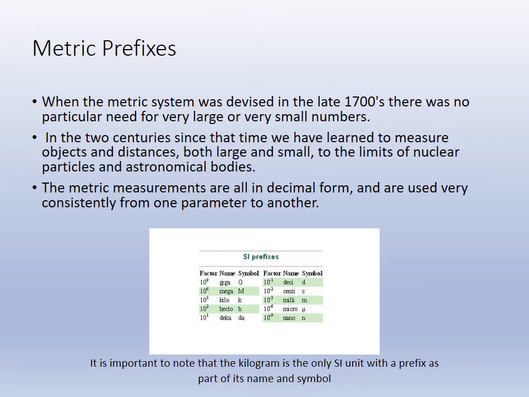In the metric system, you have a base and a prefix, and the prefix tells you what factor. For instance, when I said a kilogram is 1,000 grams, that's 10 to the third power grams. So you can see in this illustration, the kilo is 10 to the 3. It's very easy to move within the metric system because all you're doing is adding or taking away zeros, essentially moving the decimal place left or right.